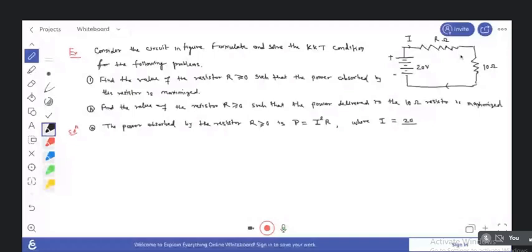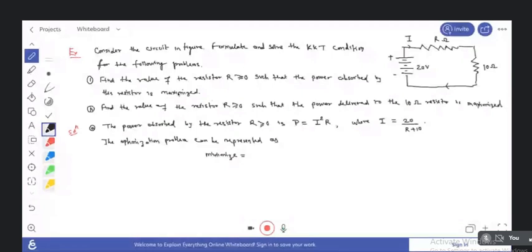So the problem can be represented as an optimization problem: maximize the power.